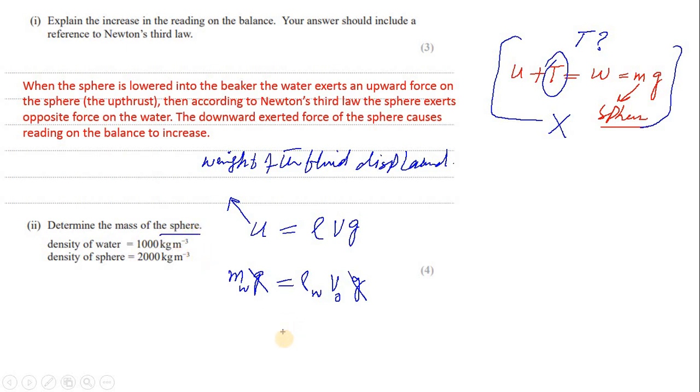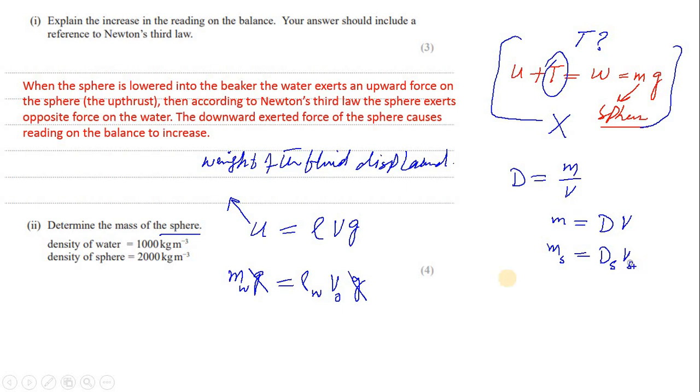And how can we find the mass? We can use the definition of density, because density is mass over volume. So if you need to find the mass, then mass should be equal to density times V. And if we need to find the mass of the sphere, the mass of the sphere m_s should be equal to the density of the sphere into the volume of the sphere.